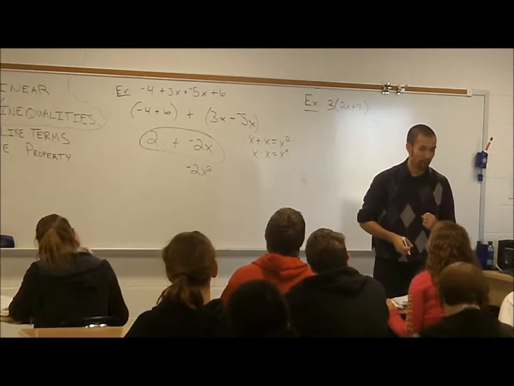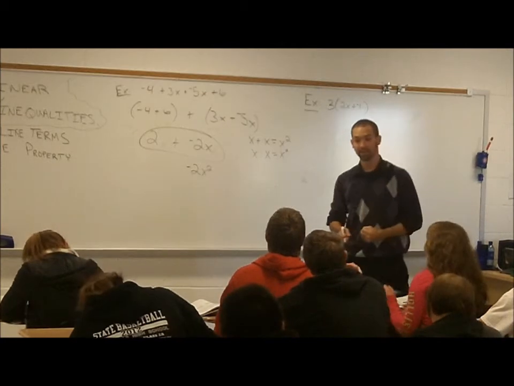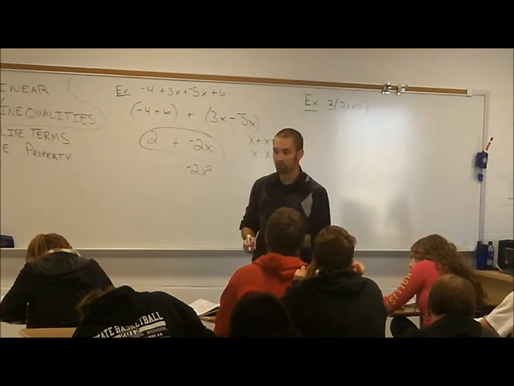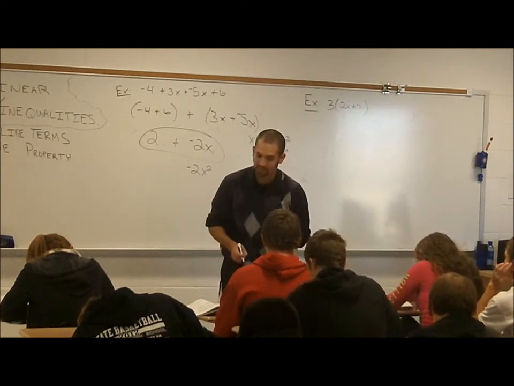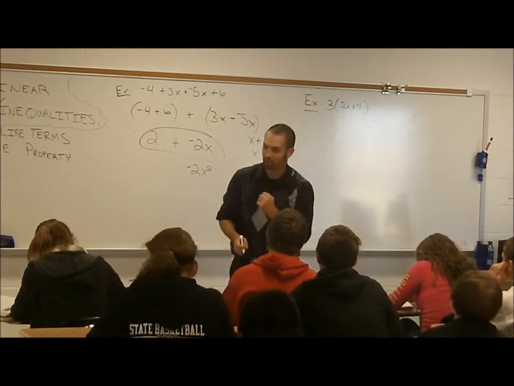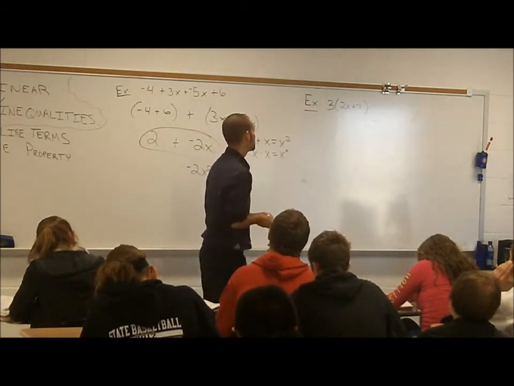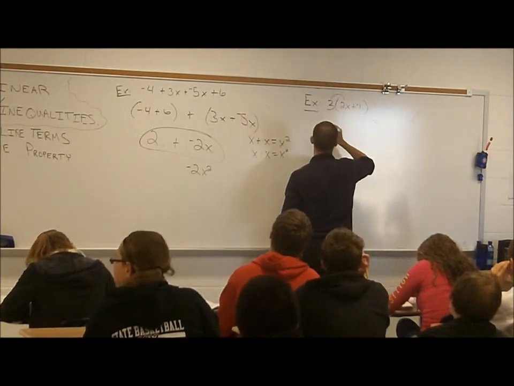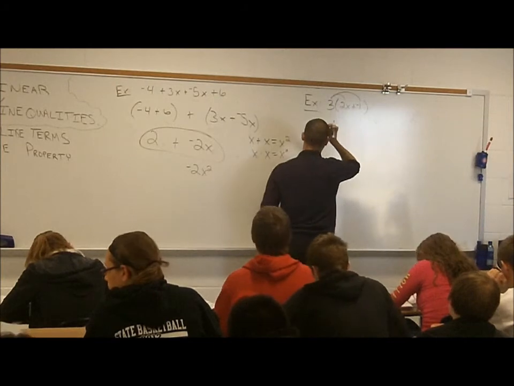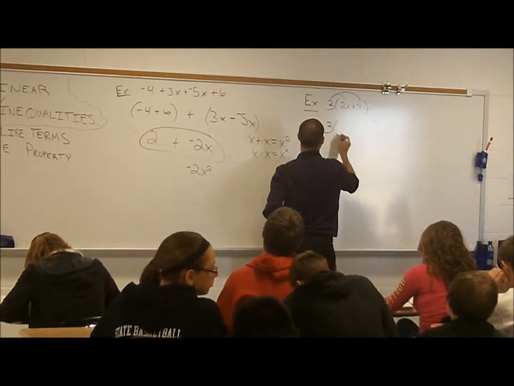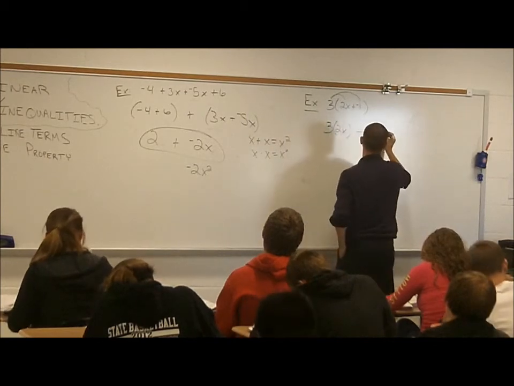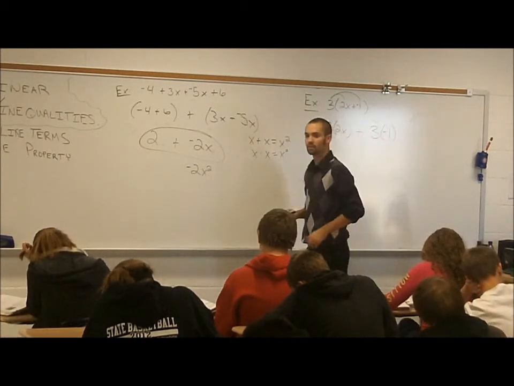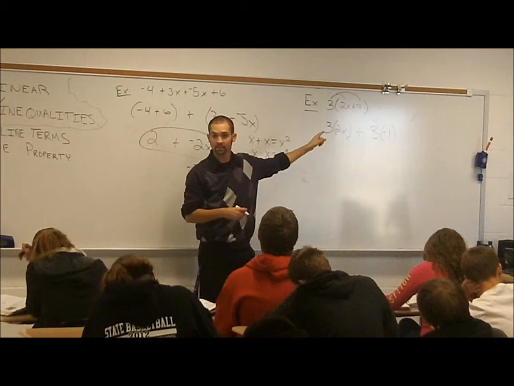Oh, you missed a key word: everything on the inside. Okay? So I'm taking this 3 to the 2x and 3 to the negative 1. So this is what it's going to look like: 3 parentheses 2x here plus 3 parentheses negative 1. Am I multiplying 3 by everything on the inside here?